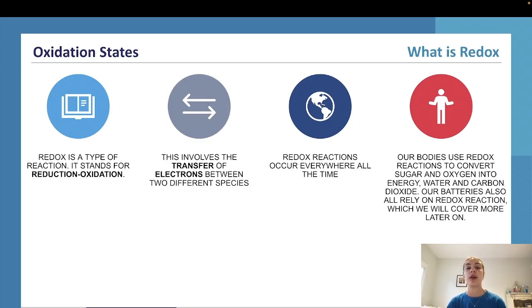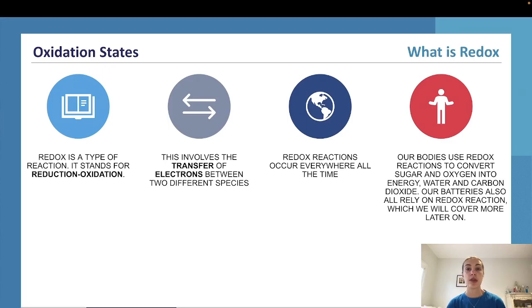They have a supposed charge, and they are transferring electrons between them in order to change that charge. Hence we have reduction, which is a gain of electrons, and oxidation, which is a loss of electrons.